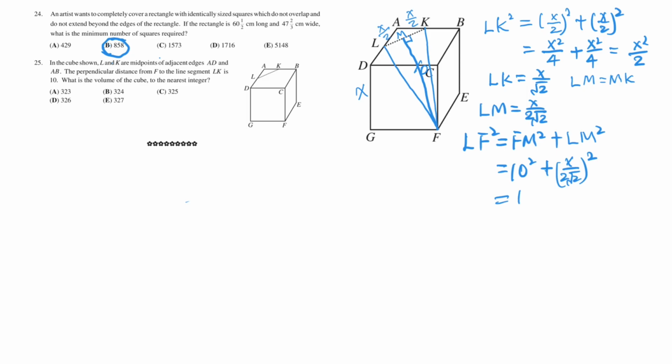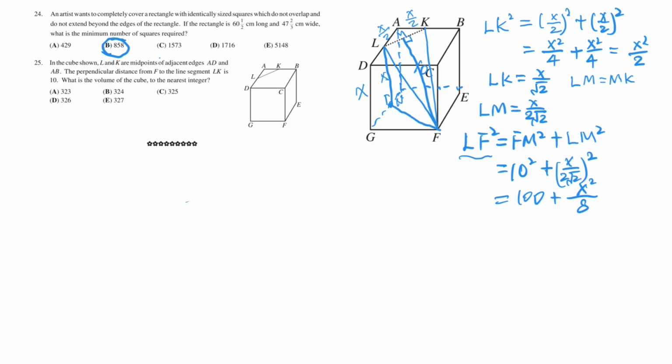That's 100 plus x square over 8. Connect the line in this one. From L, we draw the perpendicular line to the base. This is the perpendicular line, same as x. Because L is the midpoint, this point N is still a midpoint.